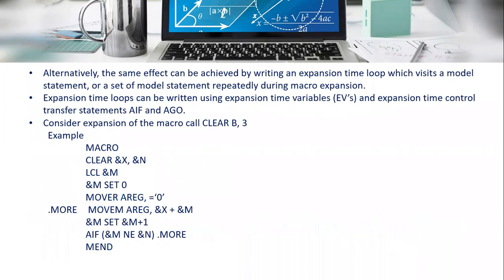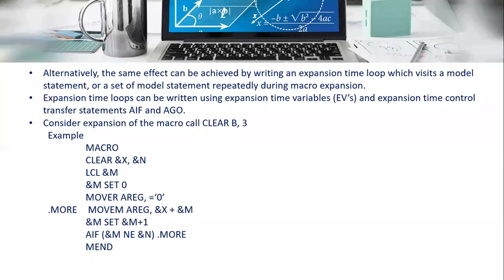We use this expansion for that particular statement, that is the looping statement. That is the expansion time loop variables or expansion time loop in case of macro expansion. Now this is all about the macro and macro expansion, how a macro can be written and how it can be expanded.